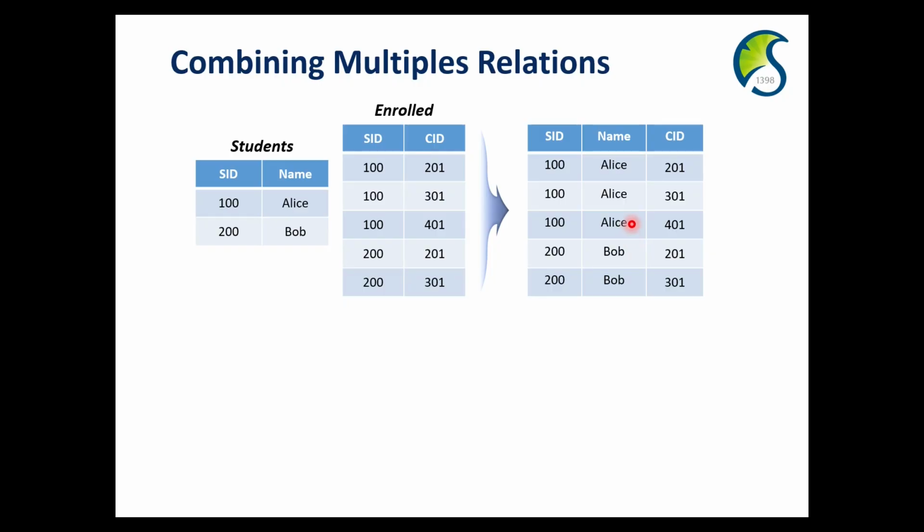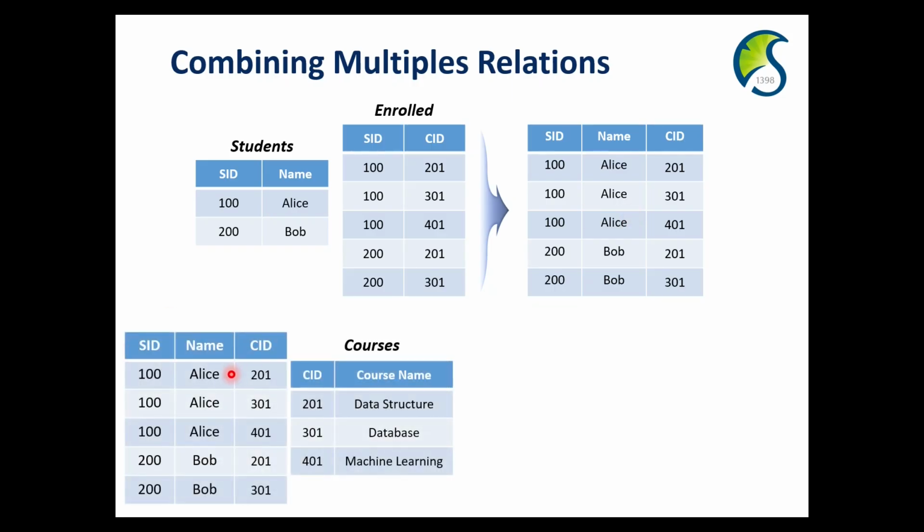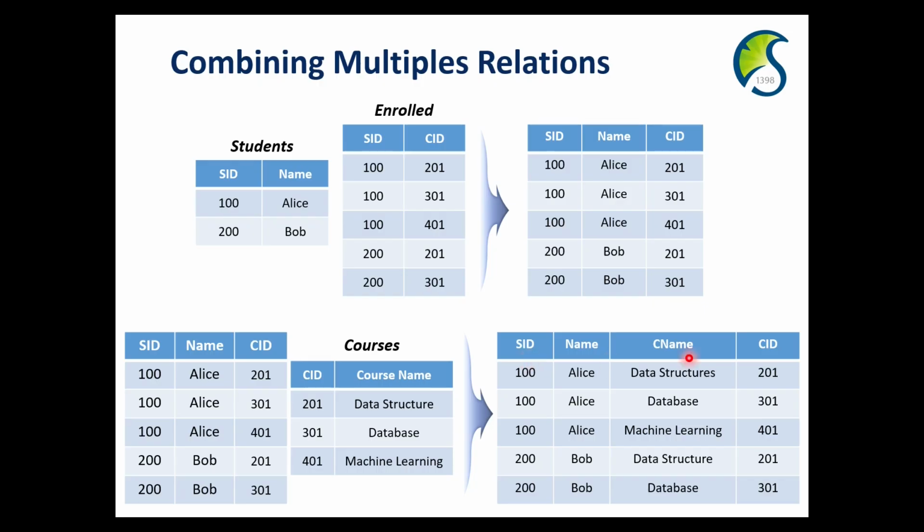We can further combine this relation into another relation, and finally, we can reconstruct the original relation. And based on this original relation, we can finally retrieve some related information. But in the physical layer, we only store students, enrolled, and courses.